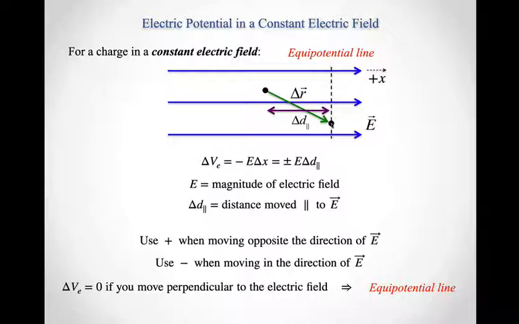The potential is the same at every point along the line, which means that this is an equipotential line. So because moving perpendicular to the electric field means you don't change the electric potential, moving perpendicular to the electric field gives you an equipotential line.